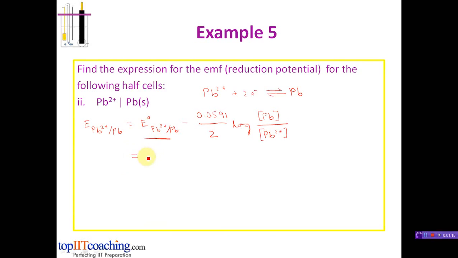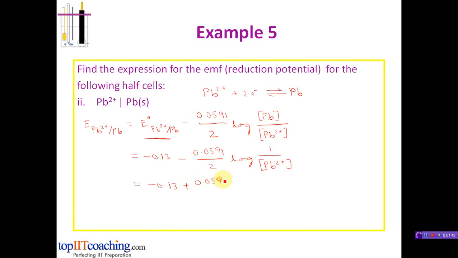Now we can find out this value from any table or electrochemical series that we discussed. Its value is minus 0.13 volt. So minus 0.13 minus 0.0591 upon 2 log 1 upon Pb2 plus, since Pb is solid.